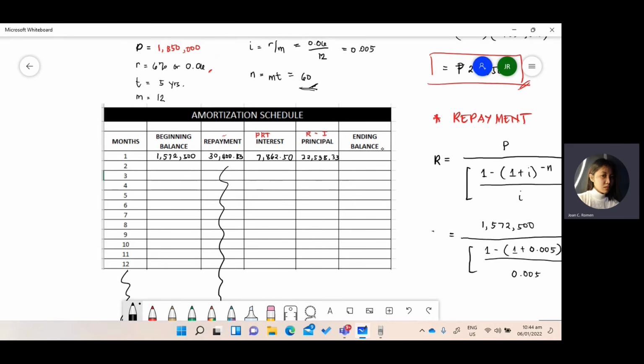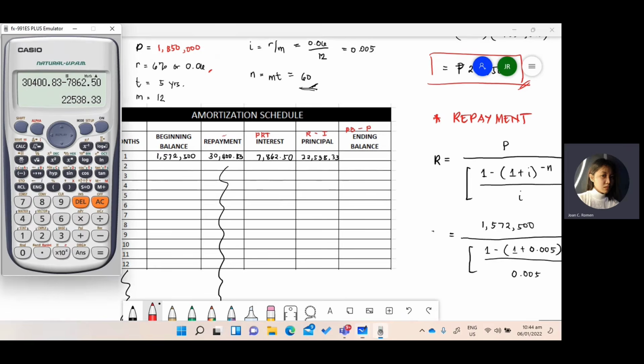Okay, and then the ending balance, to get the ending balance, that is beginning balance minus principal. So, ang beginning balance mo ay 1,572,500, then minus yung principal mo, which is 22,538.33.